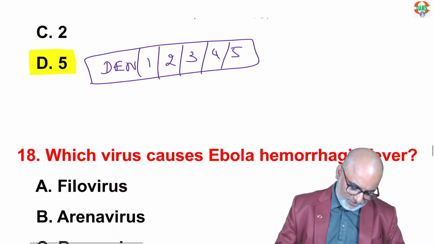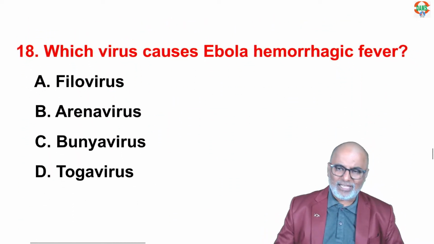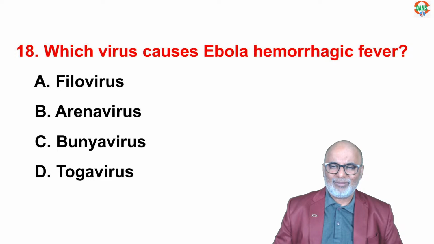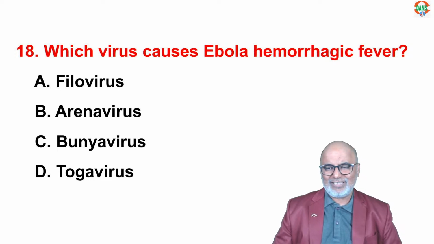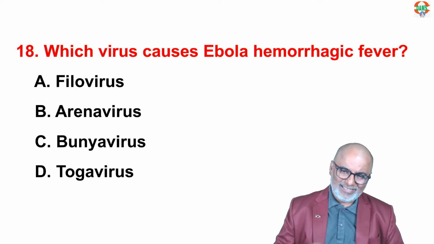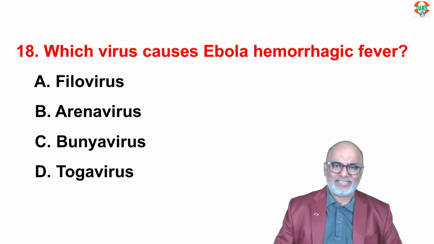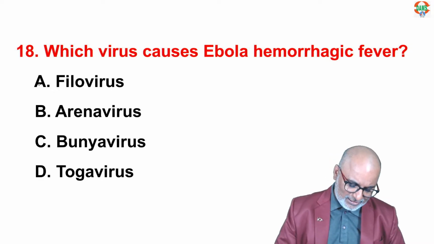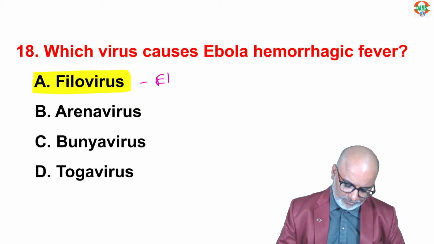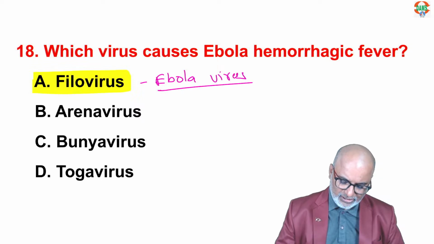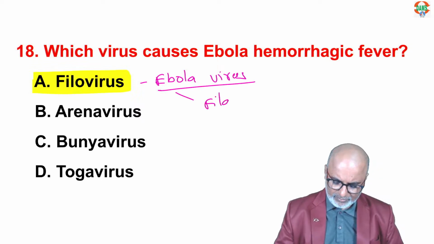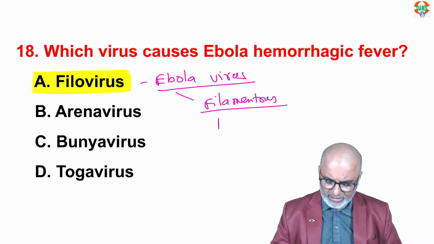Next: which virus causes Ebola hemorrhagic fever? It is caused by Ebola virus, everybody knows. But which family? Ebola virus is Filoviridae. It is a filamentous virus with helical symmetry.